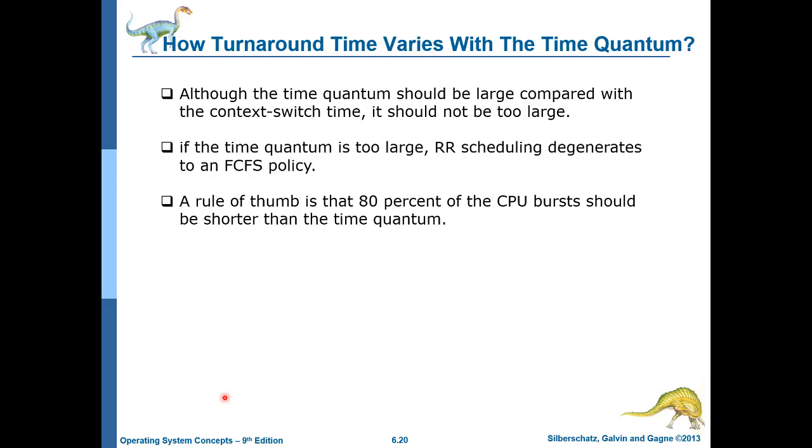If it is too large, then round robin or RR scheduling becomes a first come first serve policy, which is not good. So we have this rule that 80% of the CPU bursts should be shorter than the time quantum, which means that the time quantum should be big enough so that 80% of the processes can finish their job in one CPU burst.